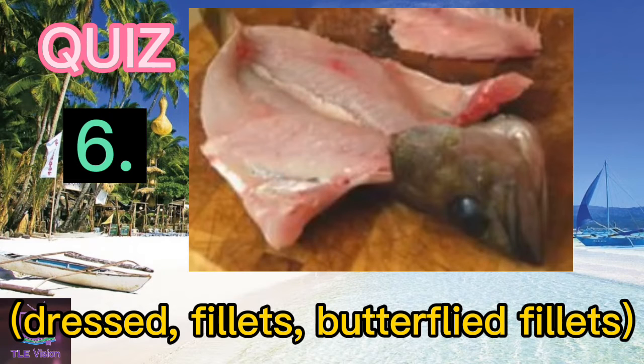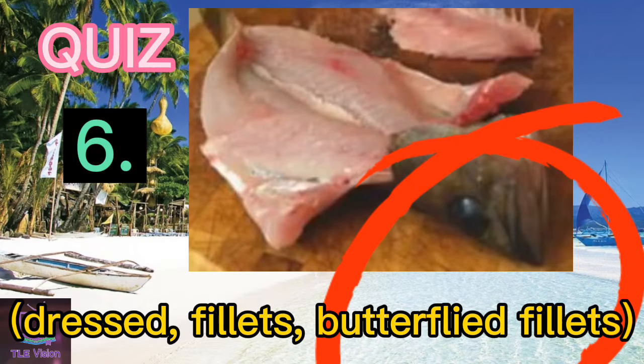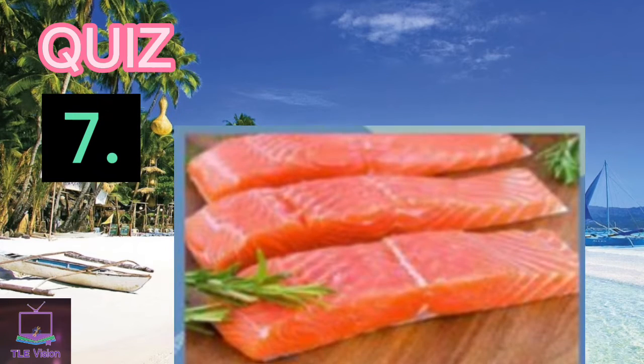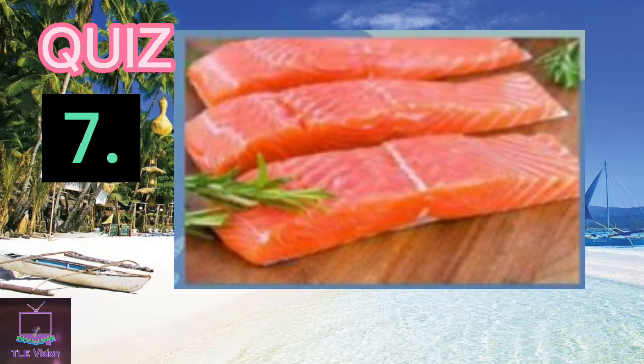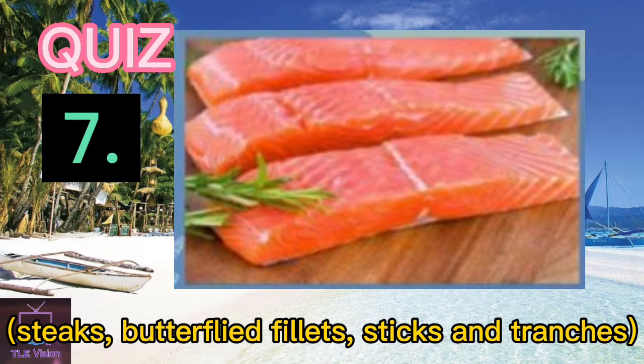The correct answer is butterfly fillet. And number 7, steaks, butterfly fillets, or sticks and tranches? The correct answer is sticks and tranches.